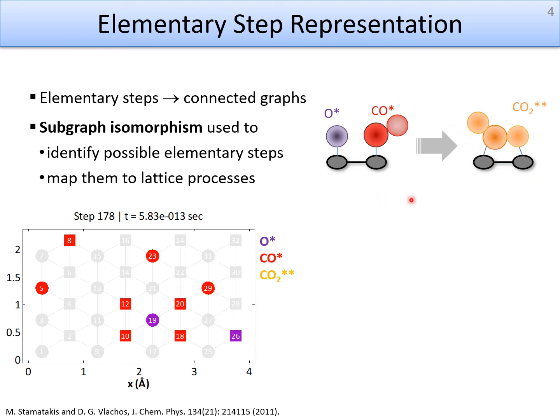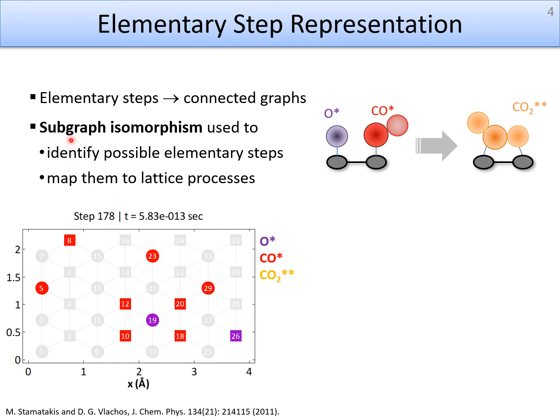So if we have a collection of such connected graphs with an initial and the final state which correspond to elementary events, then we can use this subgraph isomorphism solver to map the possible reactions onto patterns on the lattice.